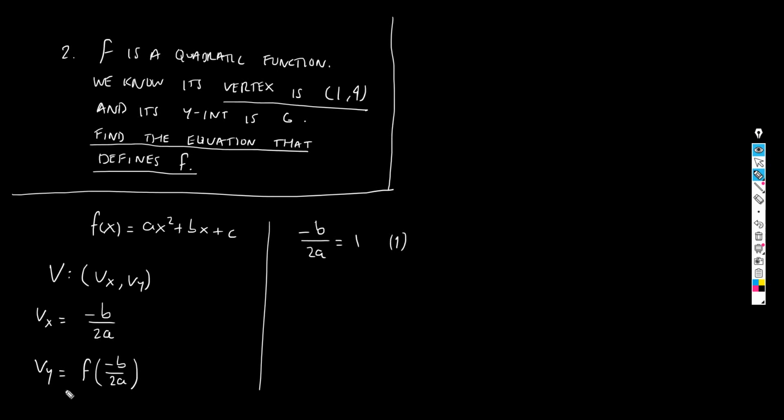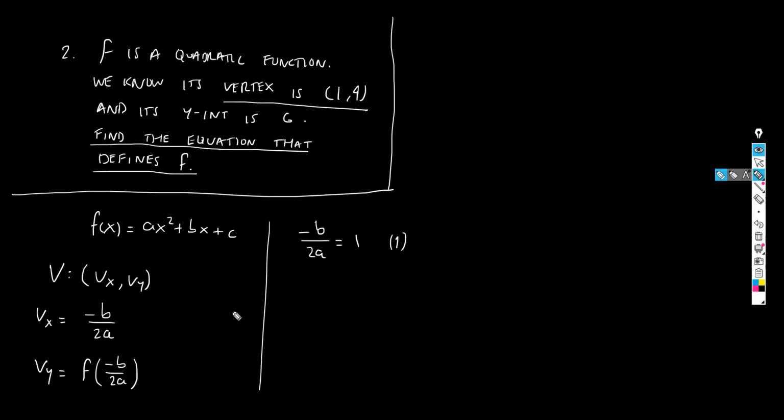Now, the y-coordinate of the vertex is given by f of minus b over 2a. But what is minus b over 2a? It is 1. Well, let me say it in another way because I don't want to confuse you. Vy, how much is Vy?